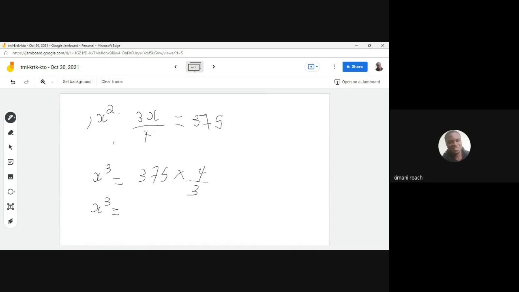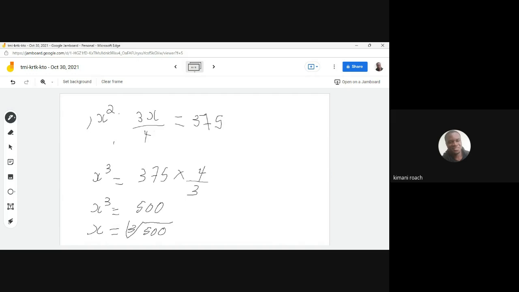375 times 4/3 is going to give me 500, which means x is equal to the cube root of 500. And this is a very interesting question here.